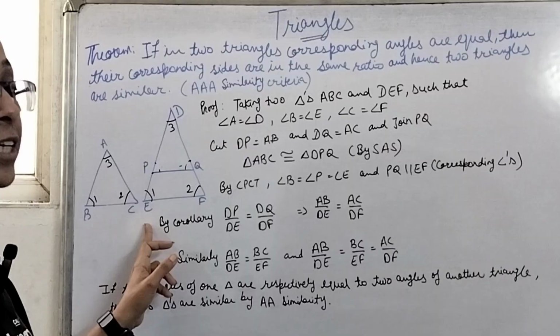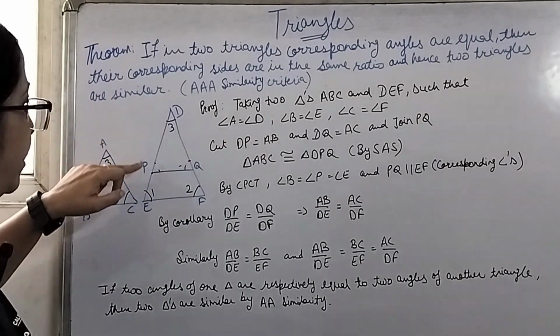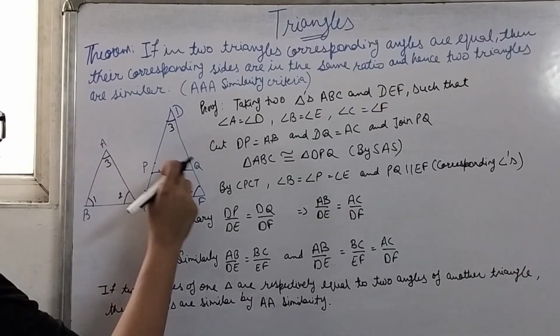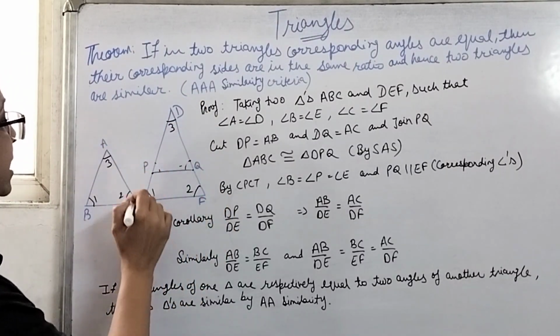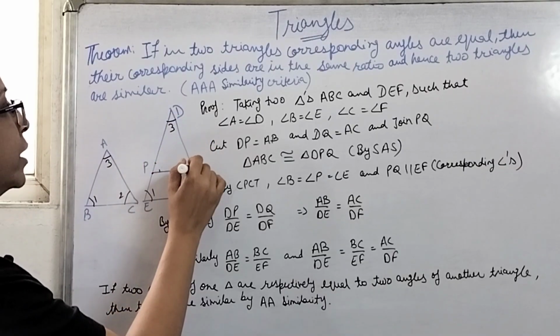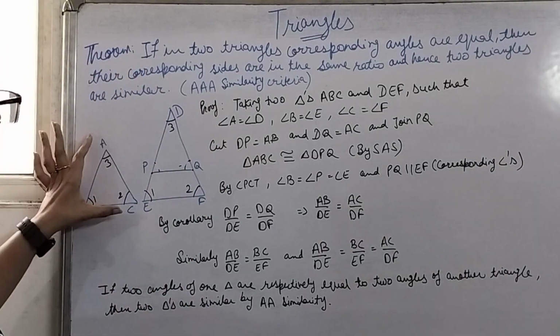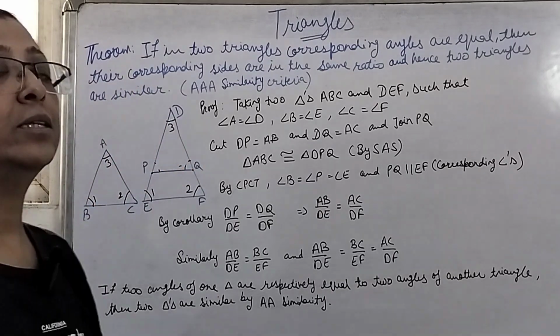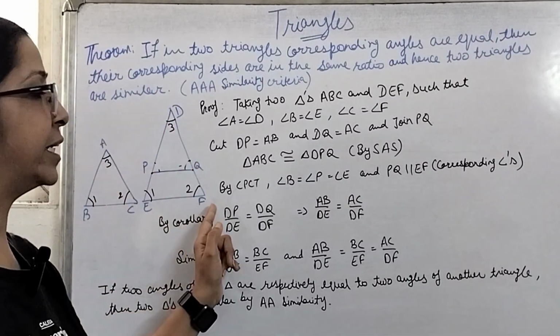Similarly, we have taken a point Q on DF such that AC is equal to DQ. These two points P and Q we have taken in the triangle DEF.